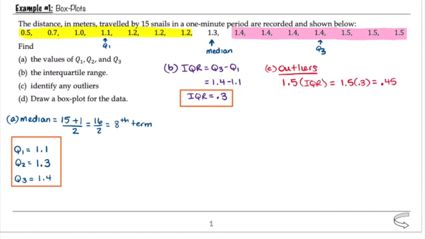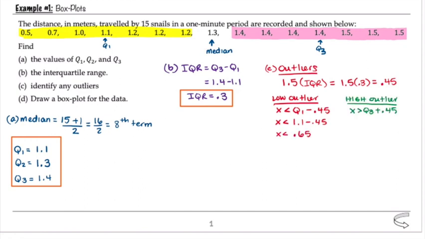And we are going to look for the lower outliers and upper outliers. I found my low outlier and my high outlier.